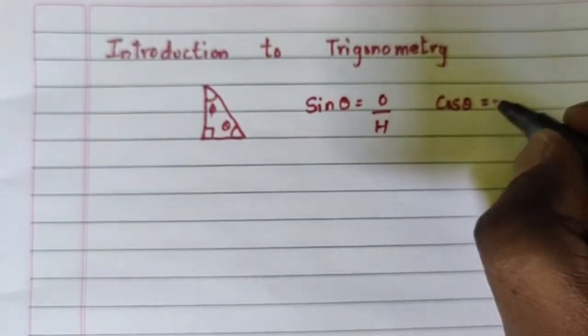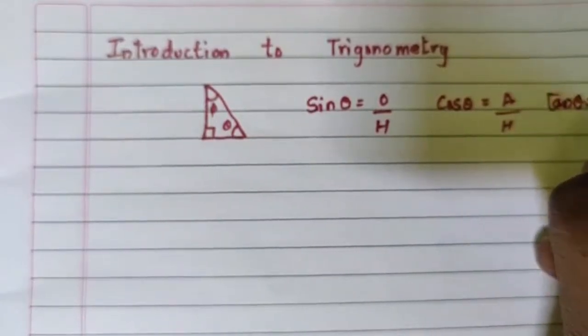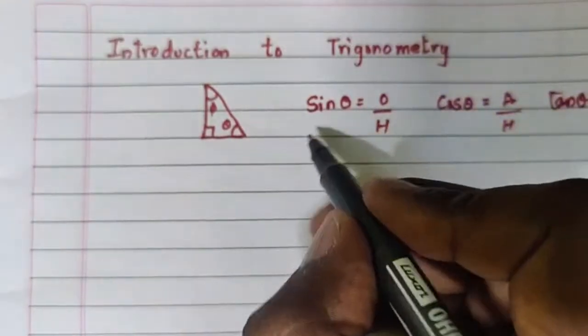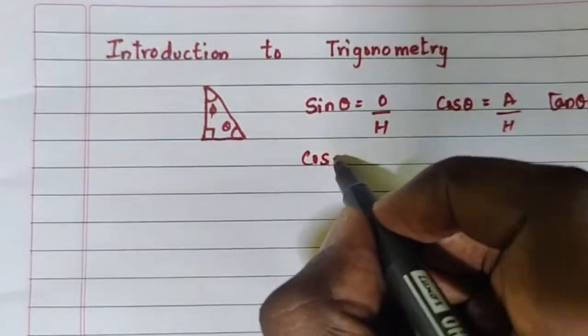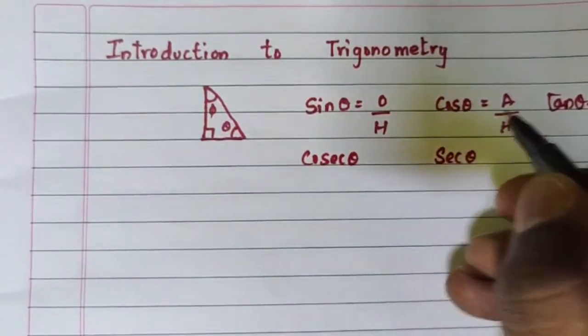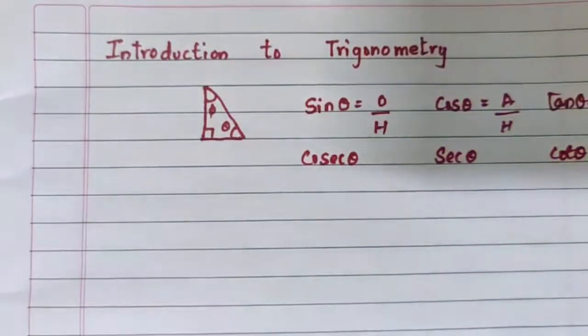Cos theta is adjacent by hypotenuse. What is tan theta? Opposite by adjacent. So cosecant theta will be the reciprocal of sin theta. Secant theta is the reciprocal of cos theta. Cot theta is the reciprocal of tan theta.